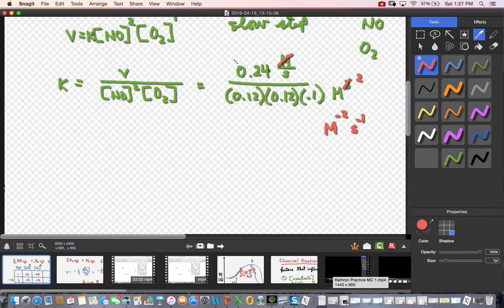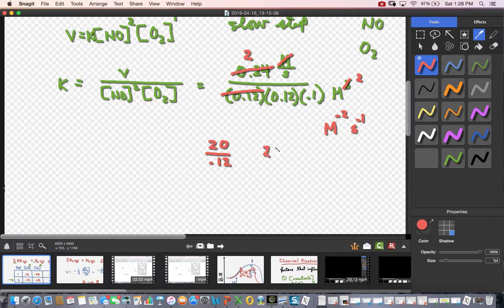Now, 0.24 divided by 0.12 is 2. 2 divided by 0.1 is going to be 20. So this is going to be 20 divided by 0.12.